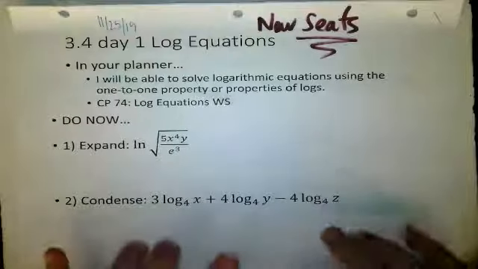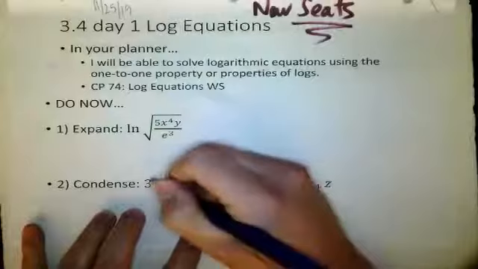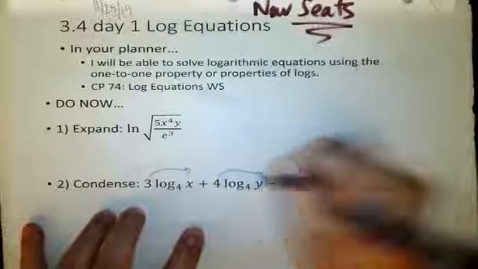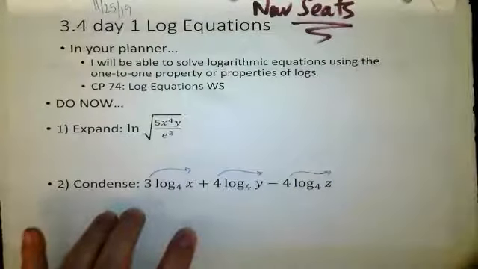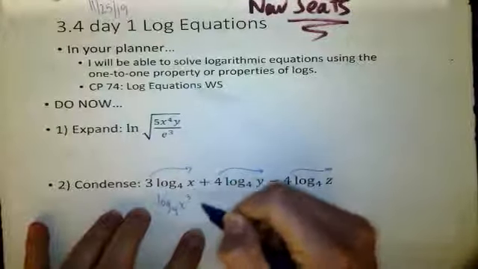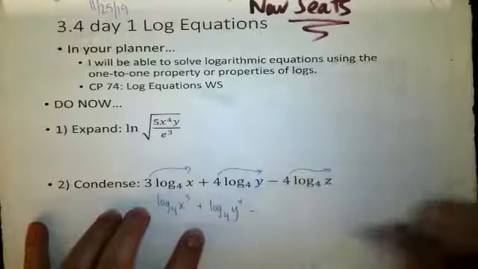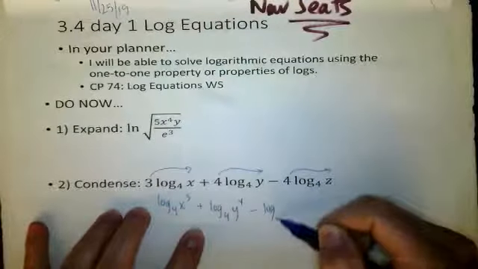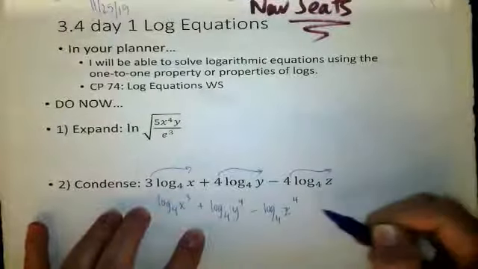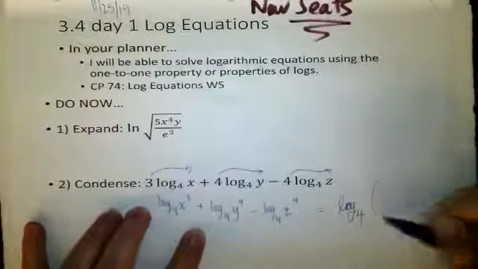And so if I were to condense this, what would I do first? You check what thing it is. Move the powers up. And so that'd give me log base 4 of x cubed plus log base 4 of y to the 4th minus log base 4 of z to the 4th. And then I'm going to condense that to that single log base 4.